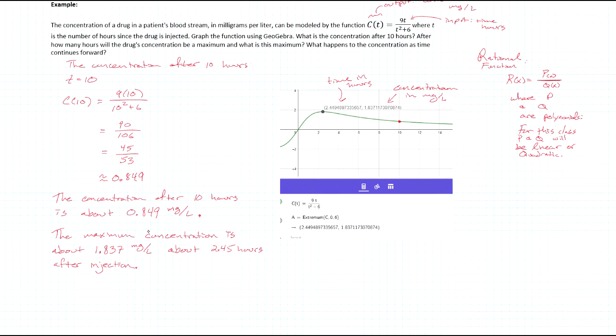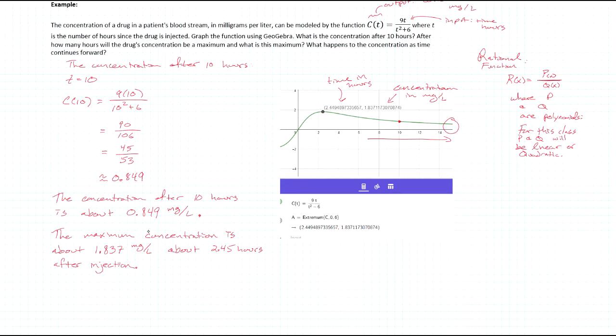Cool. And then finally we ask what happens to the concentration as time continues forward. So as we go out to the right on this graph, we see that the concentrations are getting less and less.